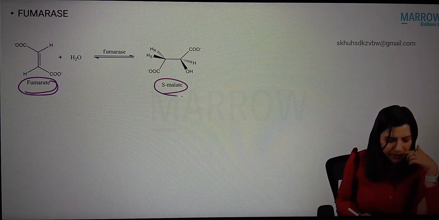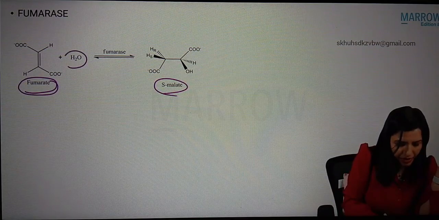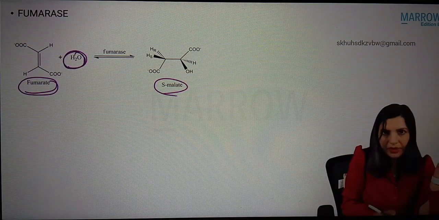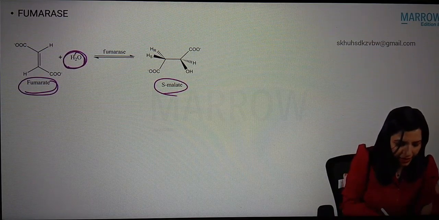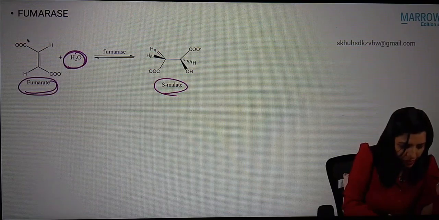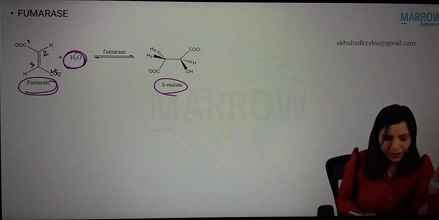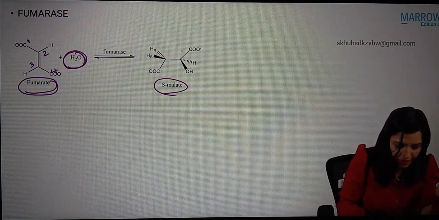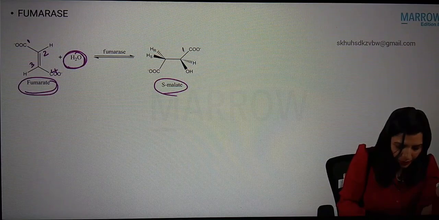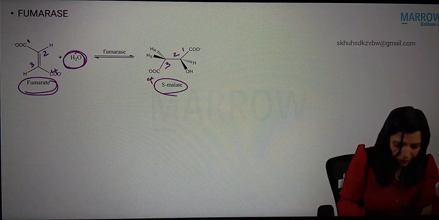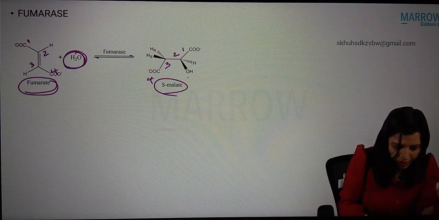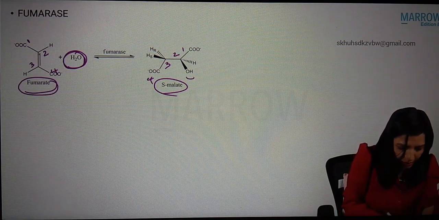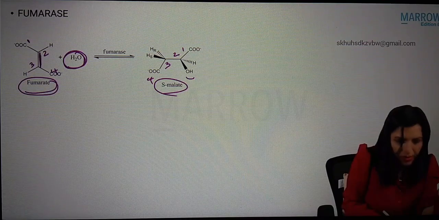When this reaction is taking place, H2O, water, is added. This is the first, second, third, and fourth carbon atom. Once the reaction has occurred, this is again the first, second, third, and fourth carbon atom. Between 2 and 3, there was a double bond.